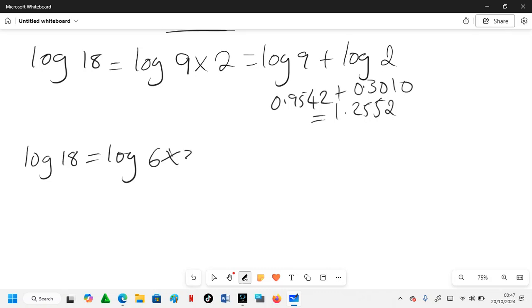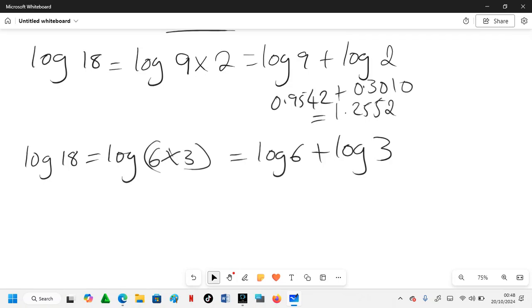Another person would have said that the log of 18 is the same as the log of 6 times 3, which is the same as the log of 6 plus the log of 3. Let's see if we're getting the same answer.